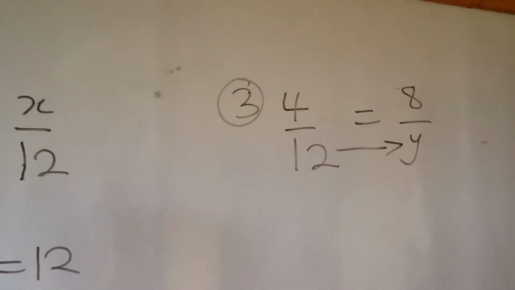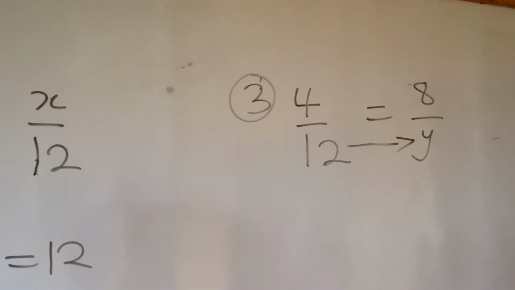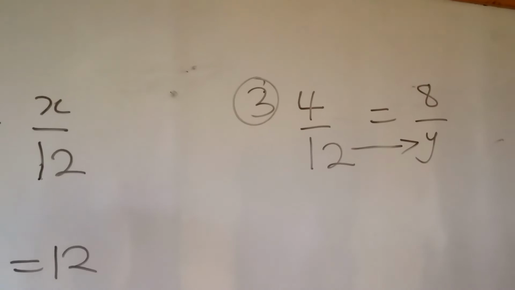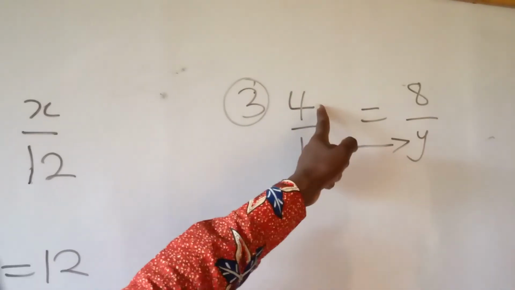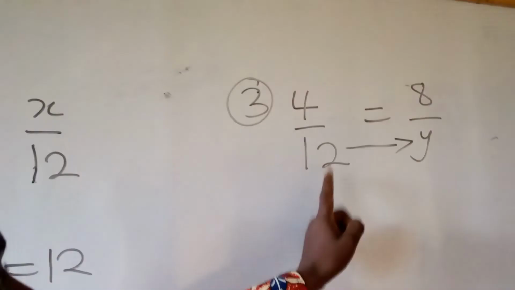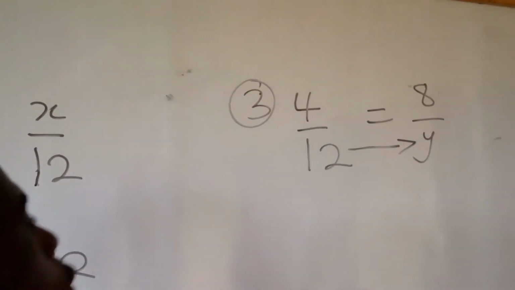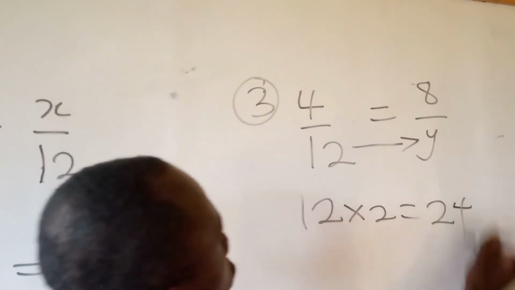So you ask yourself, 4 multiplied by which number is equal to what? 8. It is what? 2. Because 4 times 2 is 8. And once you are multiplying the numerator by 2, this means you multiply the denominator by what? 2. So 12 times 2 is what? 24.